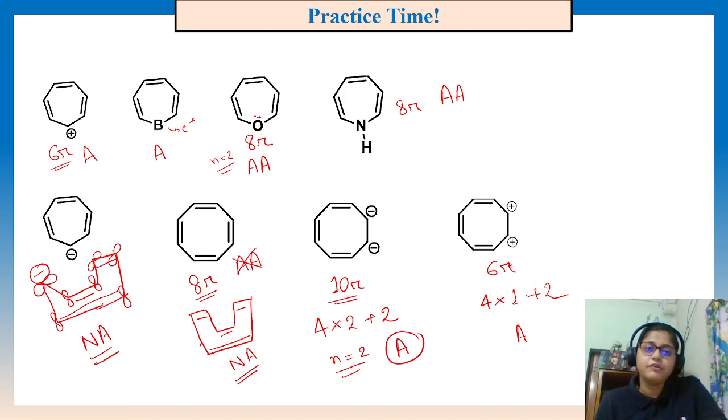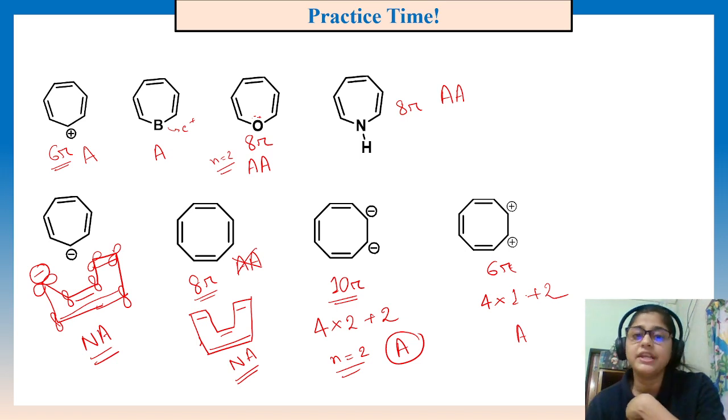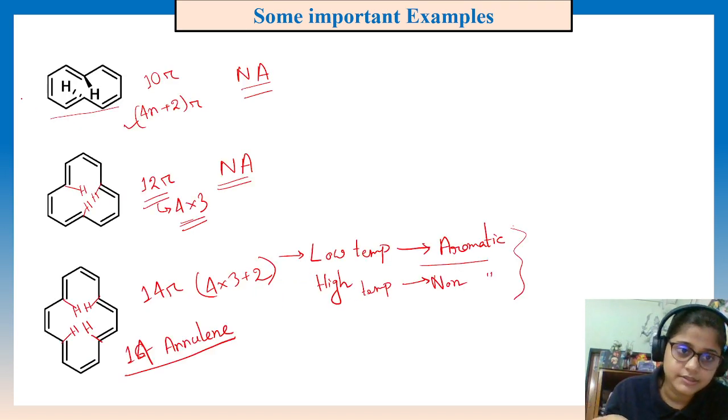But don't worry, if you see the structures 1 or 2 times, you will remember them. The confusion will only be with 7 and 8 membered rings. So please take your time and practice more. If you solve more questions, it will be clear to you. And this kind of 18, 14, 16 annulene is also very important.